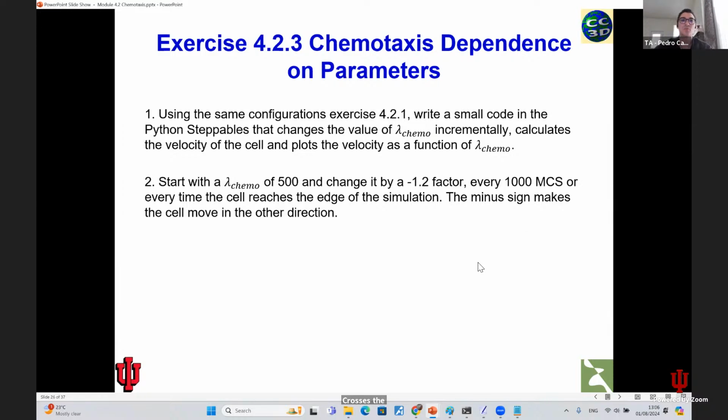Okay, so this will be a homework for you, which is you multiply your lambda chemotaxis by a factor of minus 1.2 every 1,000 Monte Carlo steps. So your cell will be migrating left and right, left and right, at faster paces.